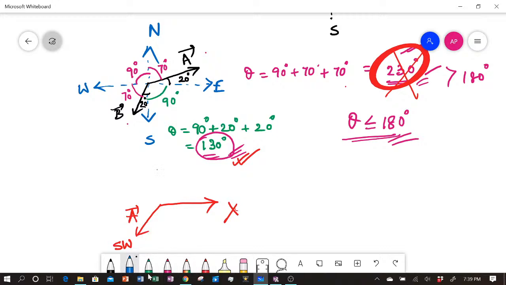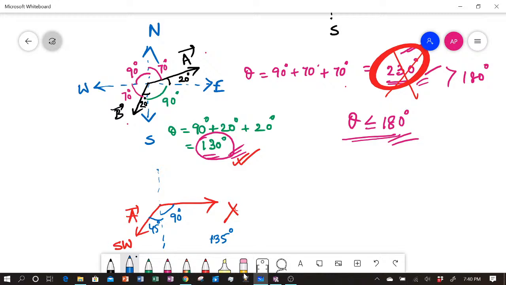If A vector is 45 degree and it is 90 degree, then your answer is 90 plus 45, that means 135 degree. Right? But is it correct? Is it correct?